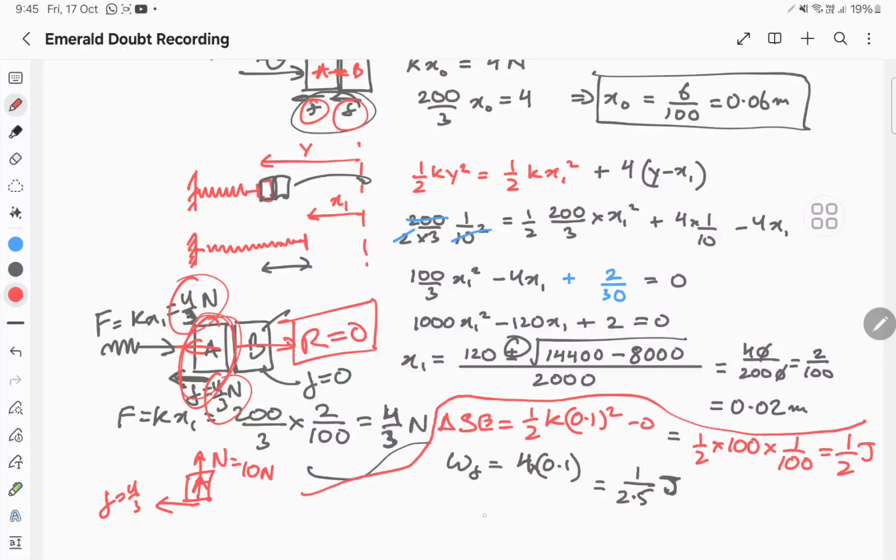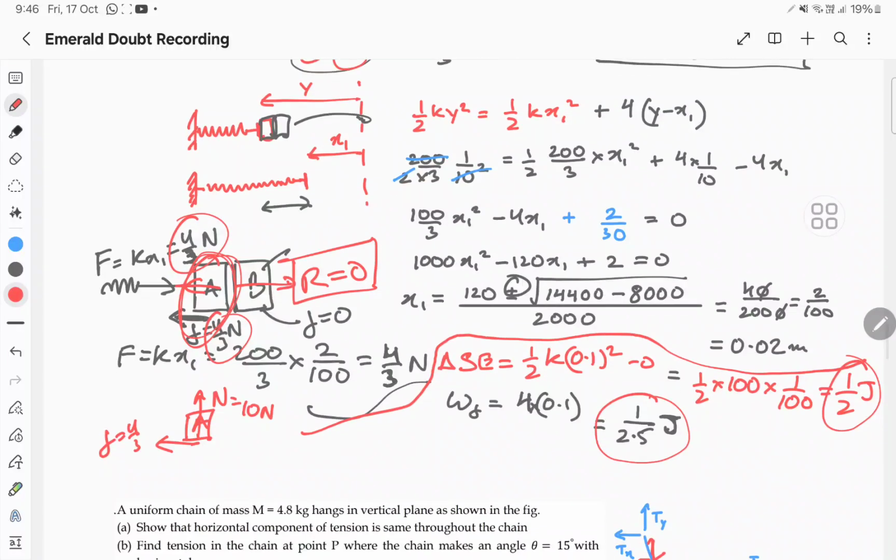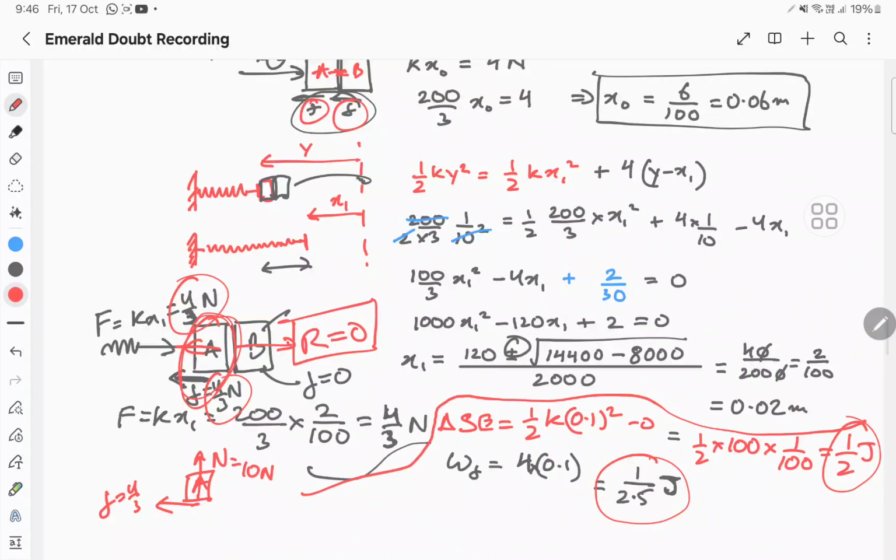And this one is, so that means the work done is less than the change of spring energy.